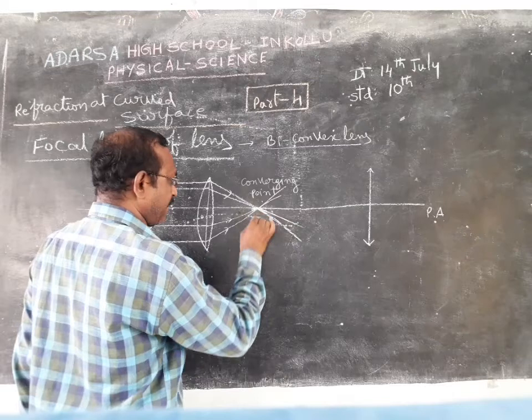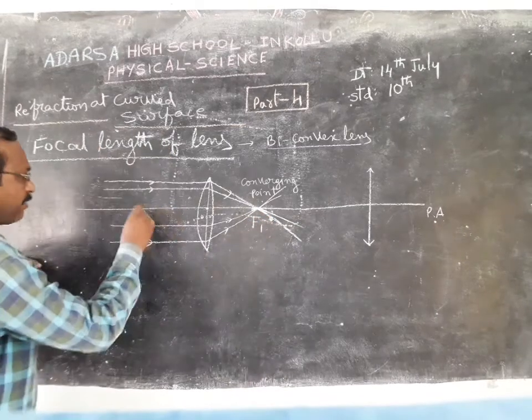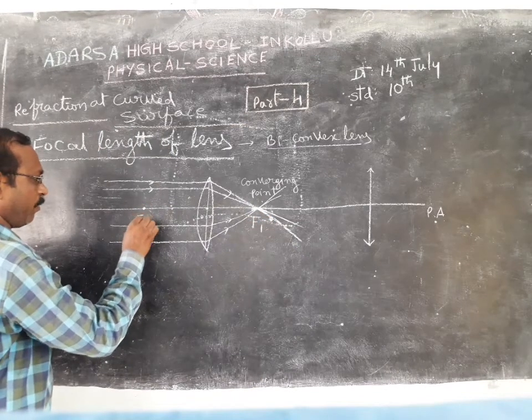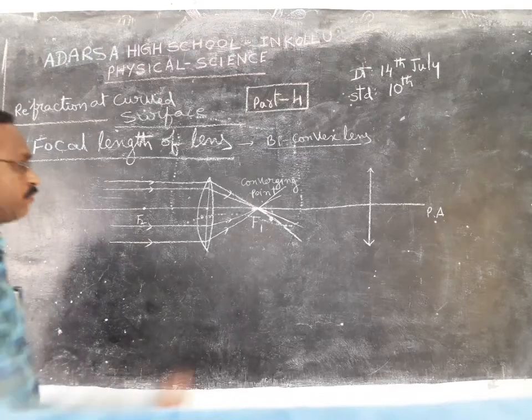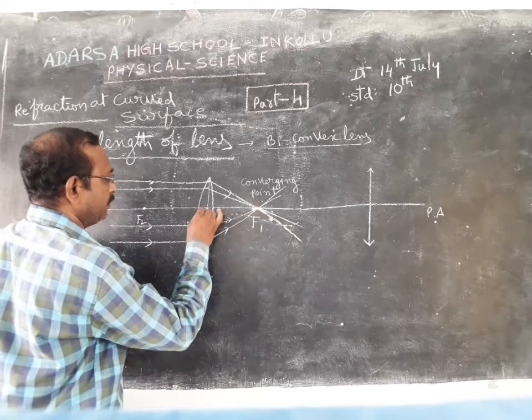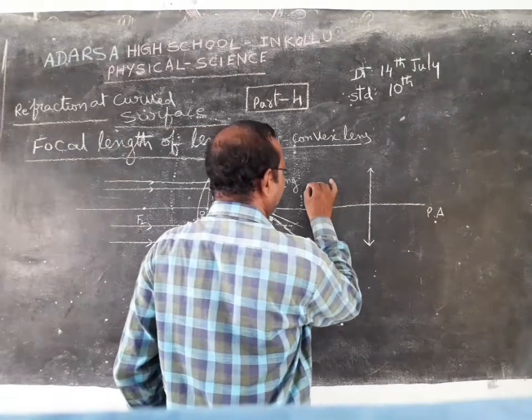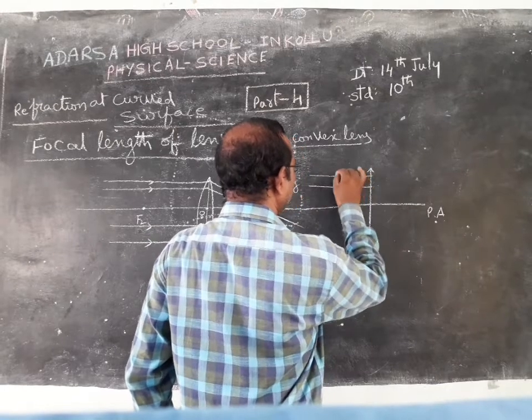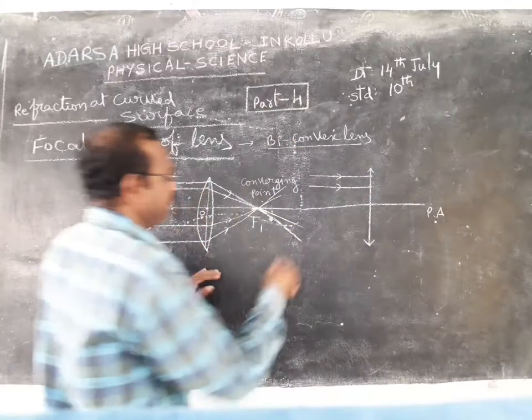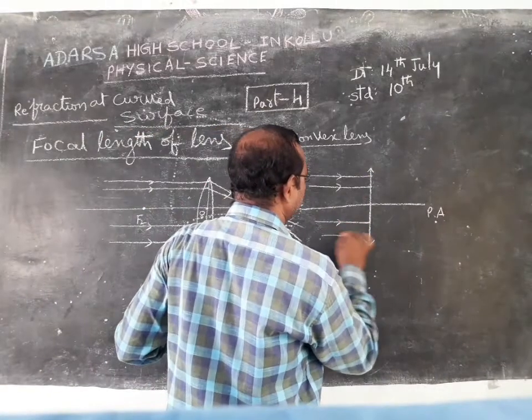This is known as F1. Like that, on this side also there is one more point, F2. This is F1. This is O. This is the total diagram, the symbolic diagram.